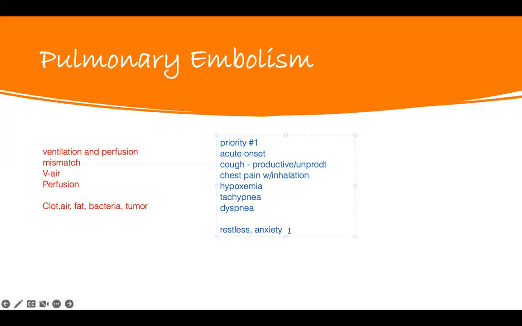They can have a low-grade fever. That is not usually that diagnostic, but just to let you know, in case they give you a patient with pulmonary embolism and you see low-grade fever, don't be surprised.